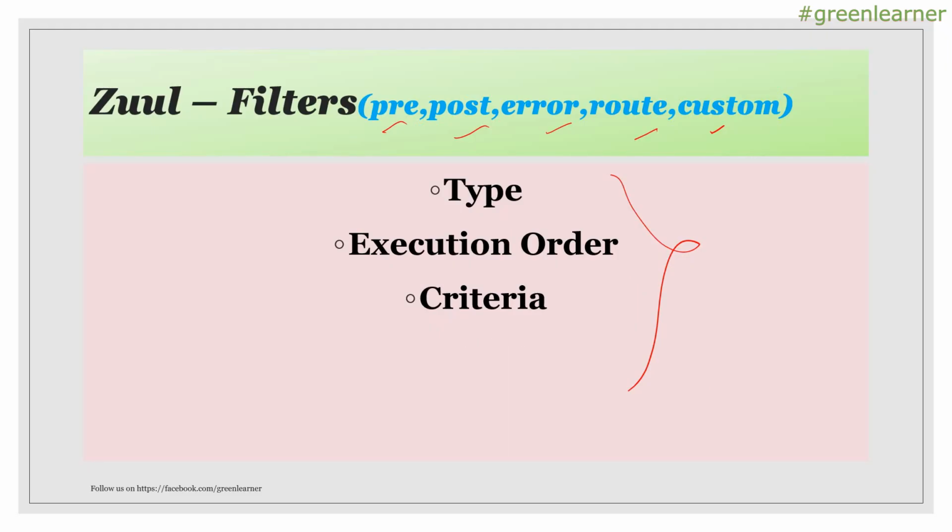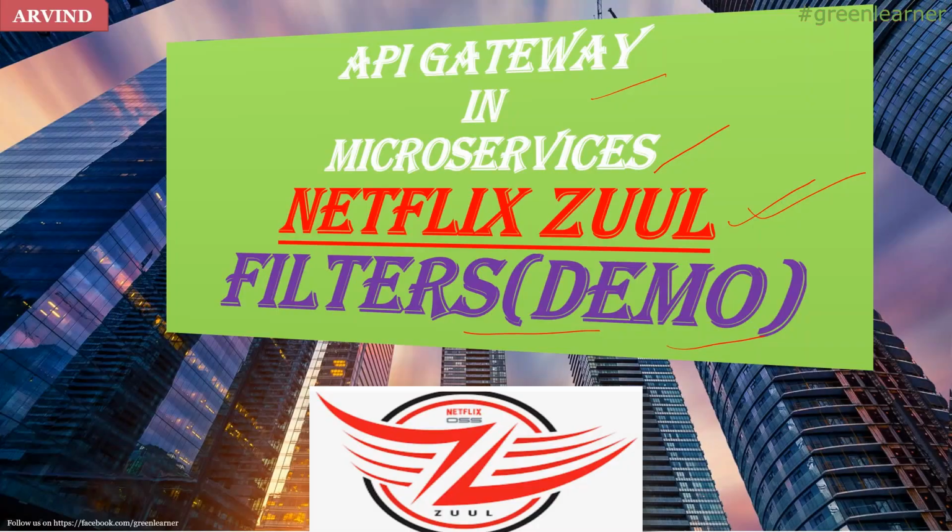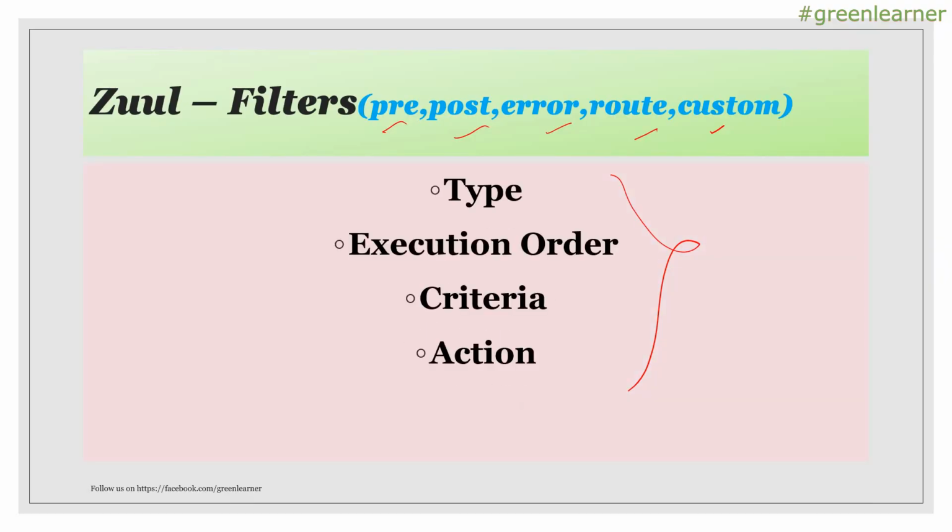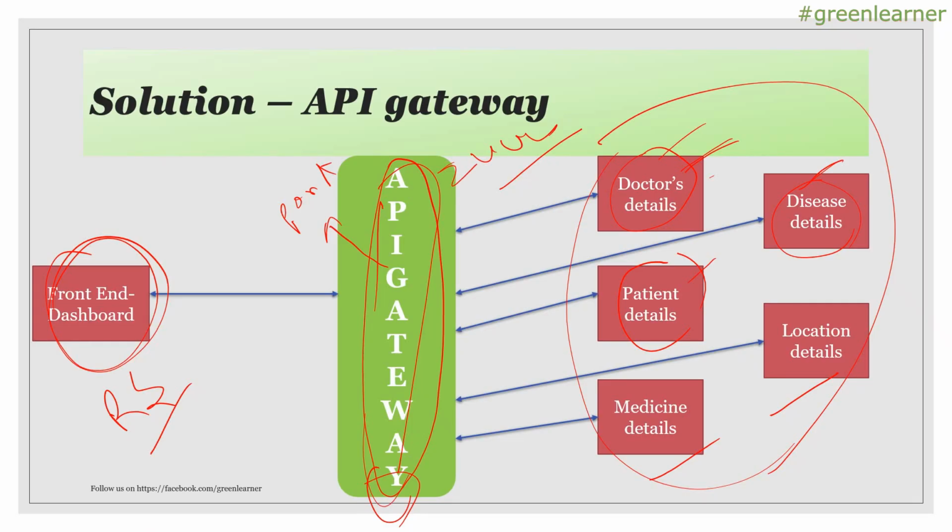What I mean by this, so we have this application, right? Pre-filters are going to execute here, pre and post filter. When this is going, pre is going to execute, and when it is returning, post is going to execute, right?